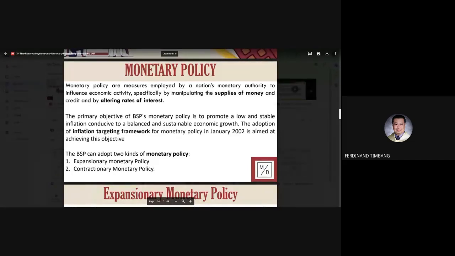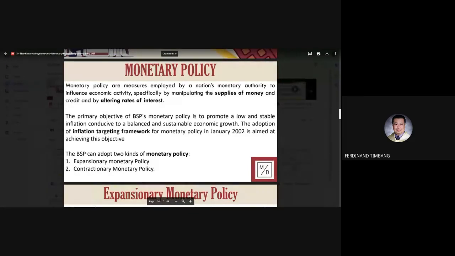Or to apply this, way back last year, di ba, biglang tumaas yung ating inflation. Ano yung inflation rate na inabot natin last year? Yung pinakamataas nga? Naalala nyo ba? Mga October siguro yan, no? Actually, nakalimutan ko yung inflation rate.